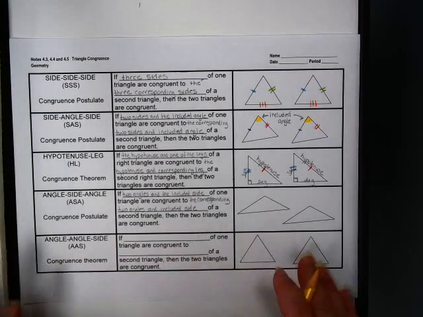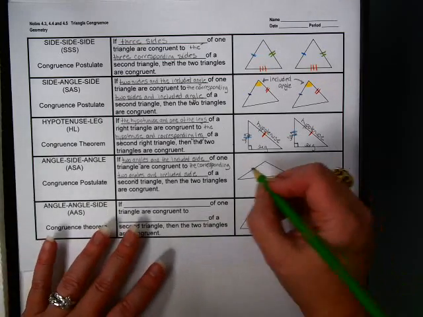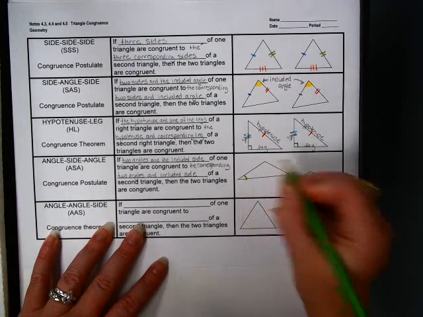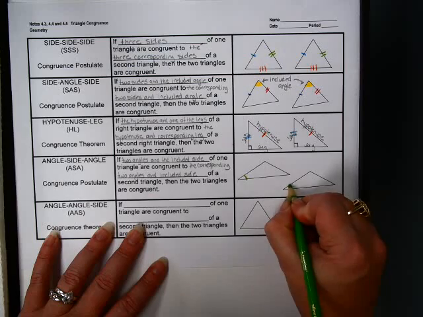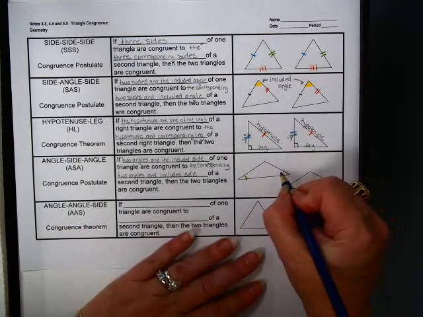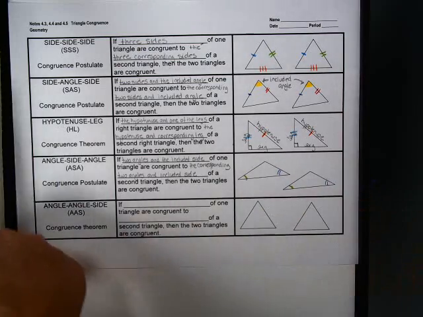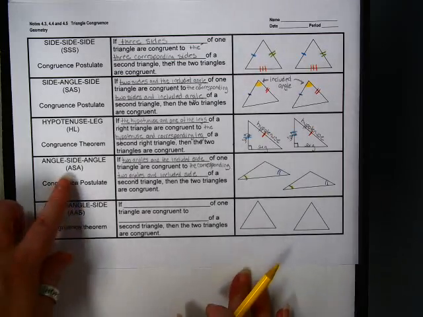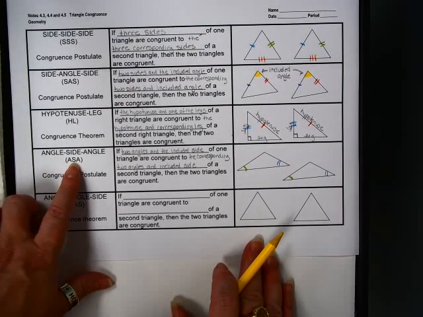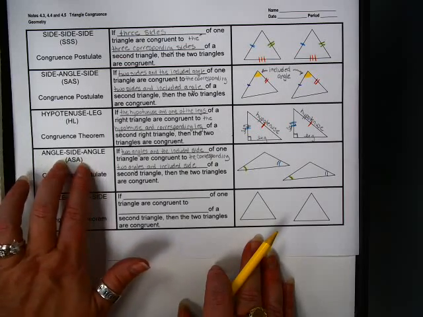Okay, again, I just need to pick 2 out of the 3. So I am going to choose this angle here, if I can prove that it's congruent to its corresponding angle, and then this one over here, congruent to its corresponding angle. Then all I need to do is prove the included side. Remember, included means it's in between the 2 angles.